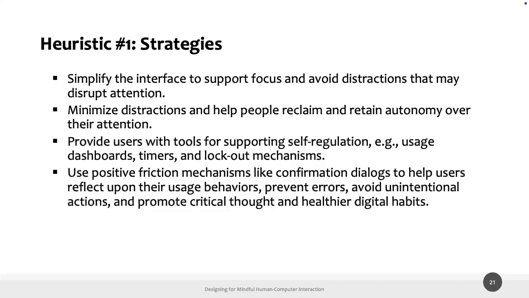Use positive friction mechanisms, like confirmation dialogues, pop-ups, to help users reflect on their usage behaviors, to prevent errors, promote critical thought, and healthier digital habits. So clearly these are all strategies and examples extracted from the literature. And here I've listed some positive examples, so some examples of digital interfaces that in a way already support this heuristic.